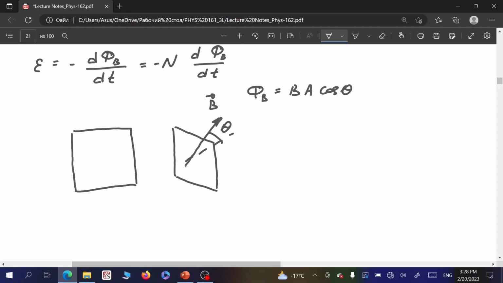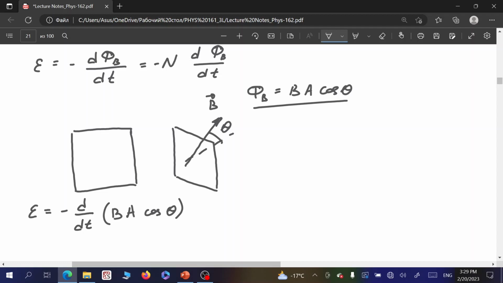We remember this from our previous discussion. In that case, the electromotive force which can be induced in such a wire loop will be defined as the negative first derivative over time of the product B times A times cosine theta.